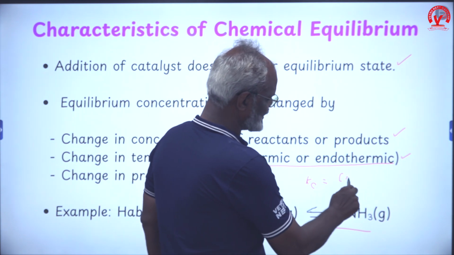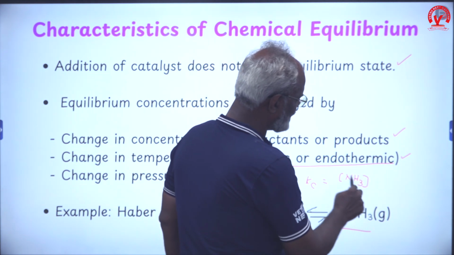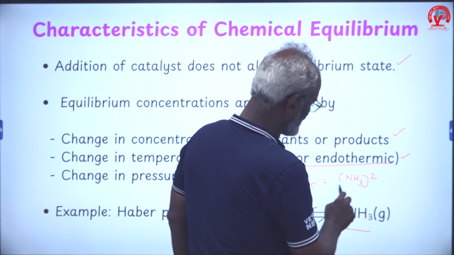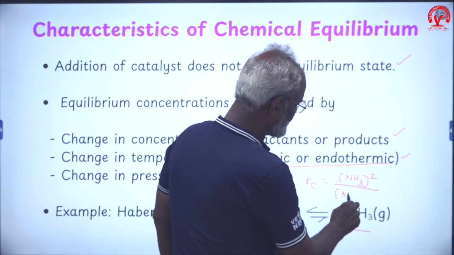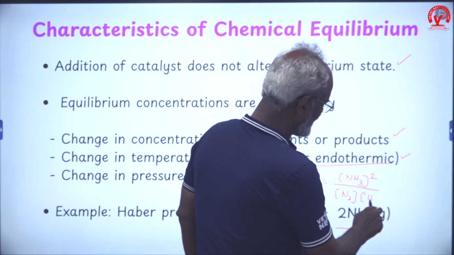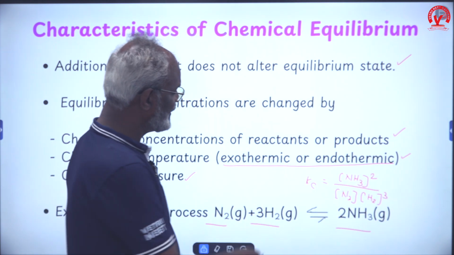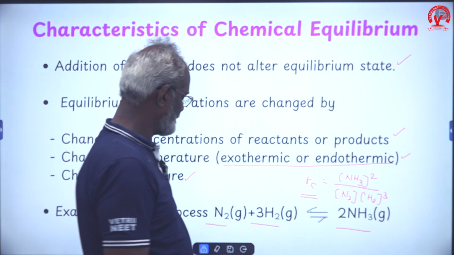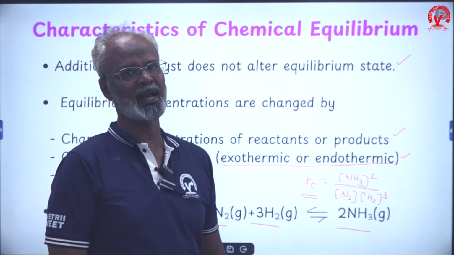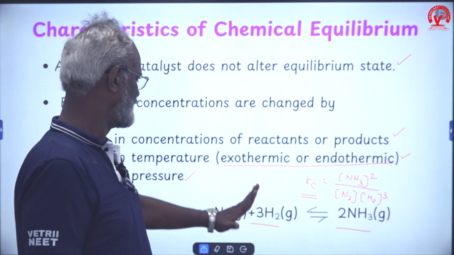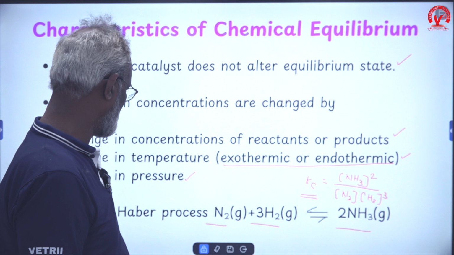That is [NH3] squared divided by [N2] times [H2] cubed, where square brackets mean concentration. The equilibrium constant will not change by changing the concentration of reactants, if you take them in the stoichiometric ratio, right?